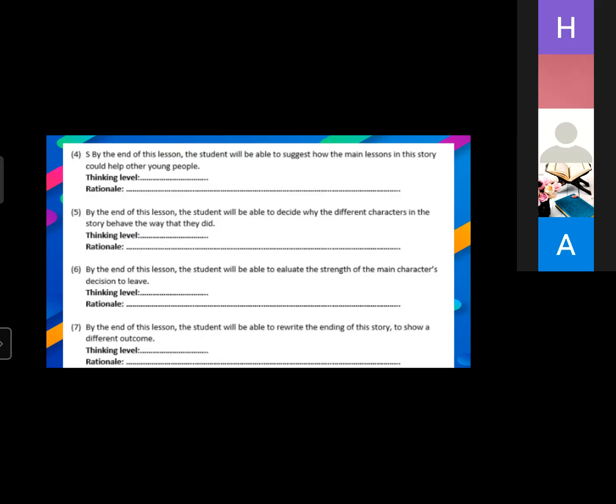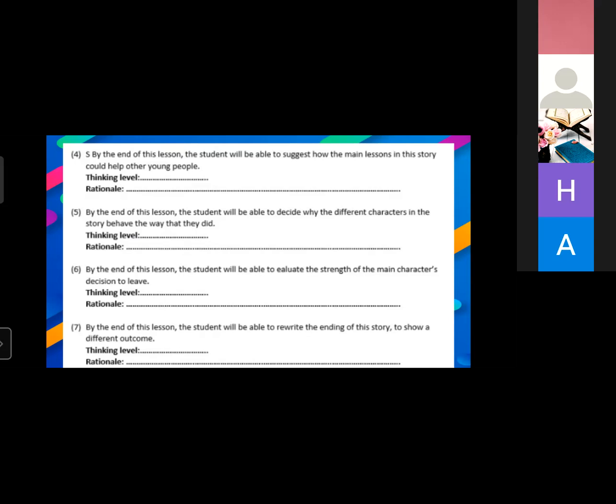So, which thinking level is it? I think creating. Yeah, why? Why creating? Because he mentioned suggest. Because they will make a new design of the story. Yeah, because they could help other young people.